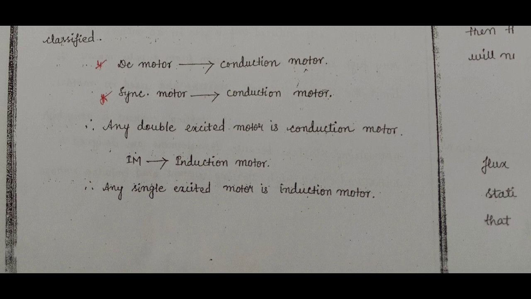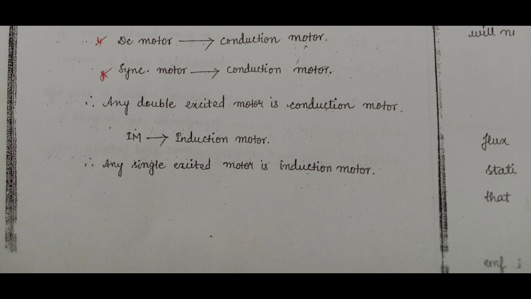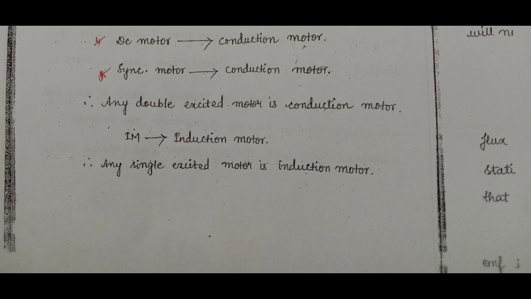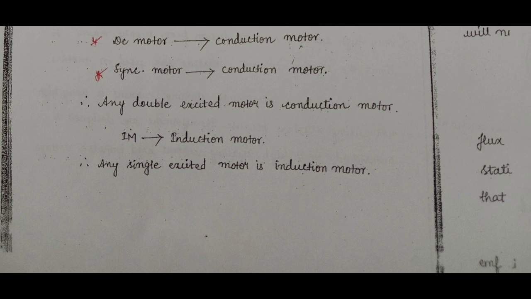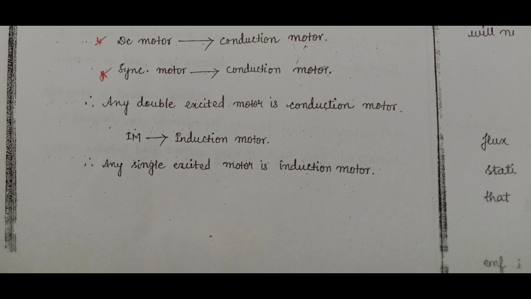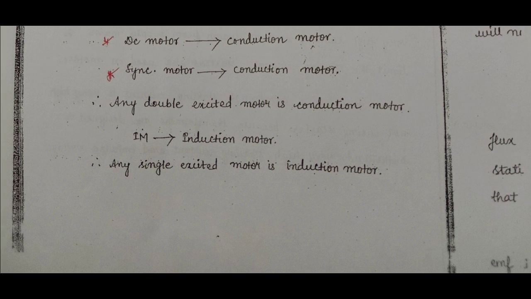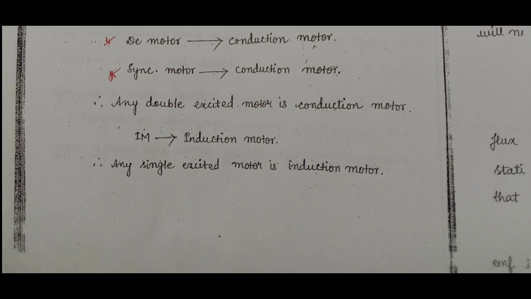Both supplies are given. That's why it is a conduction motor. In the synchronous motor also, field winding is supplied by DC and armature winding supplied by AC. So it is also a conduction motor. Any double excited motor is a conduction motor. So the synchronous machine and DC machine are conduction motors because both machines are double excited.